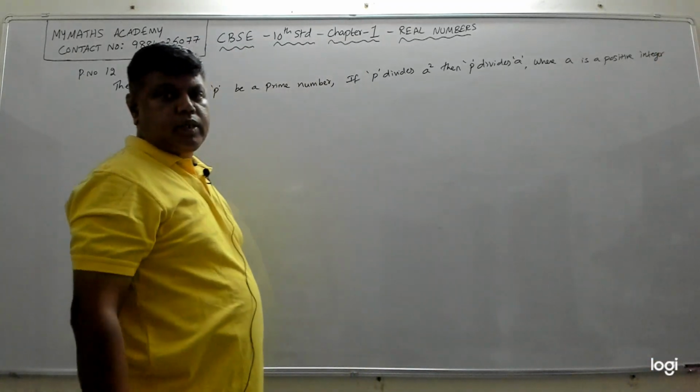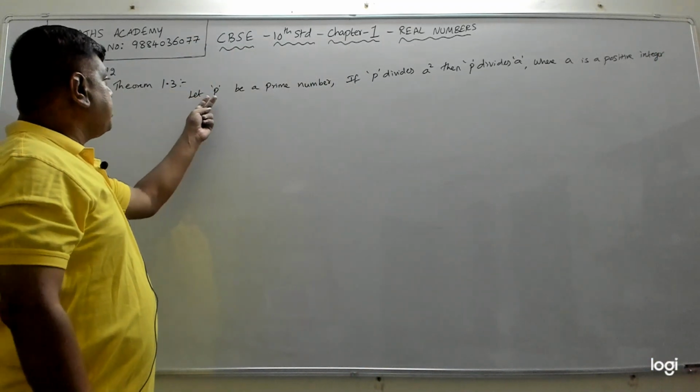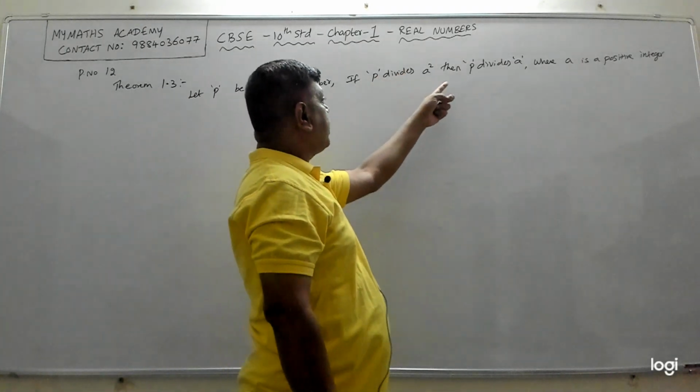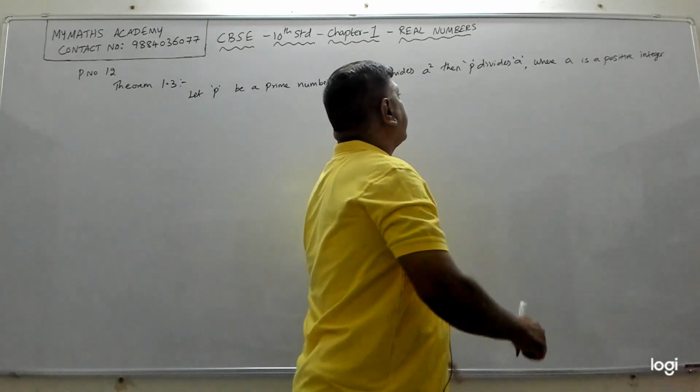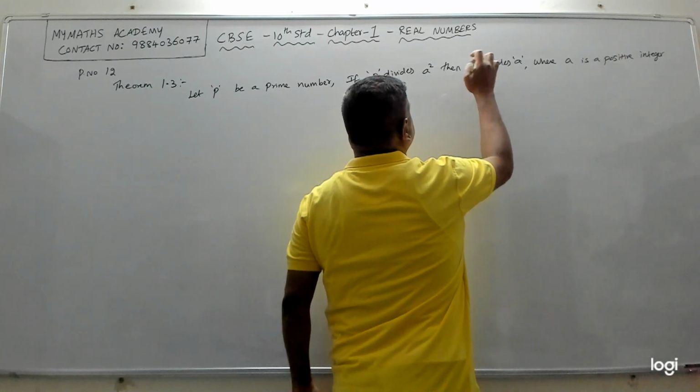So what the statement says: let P be a prime number, if P divides a square, then P divides a, where a is a positive integer.